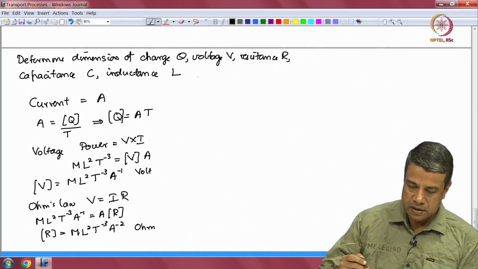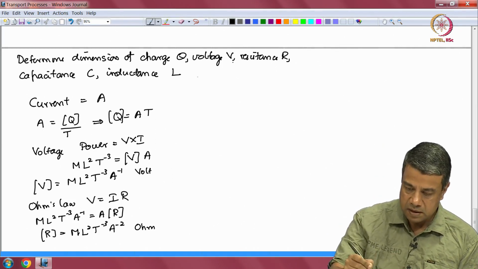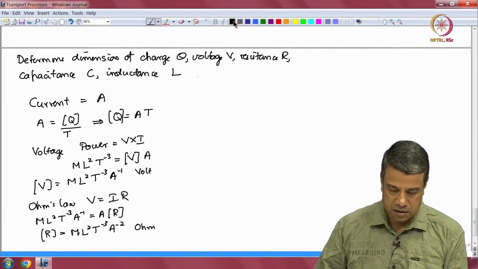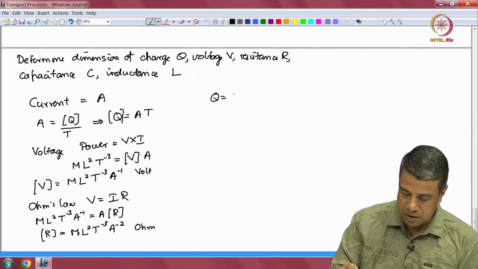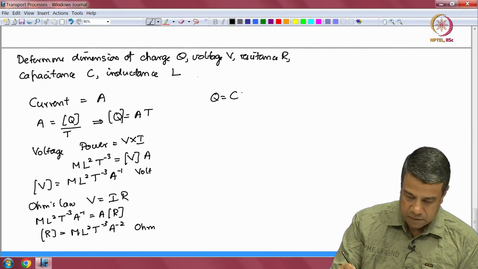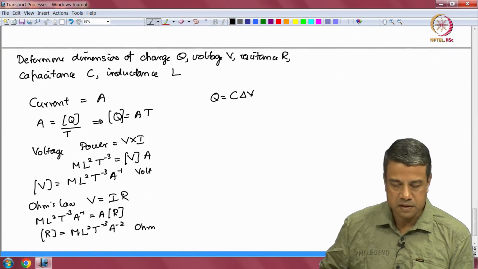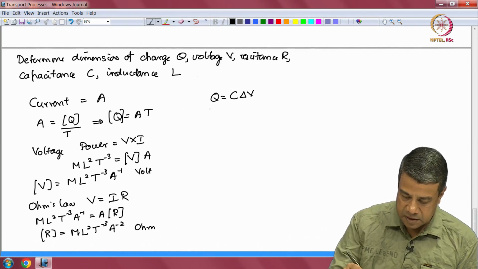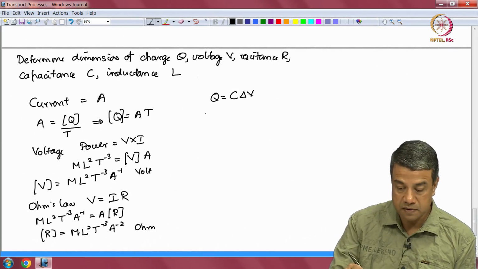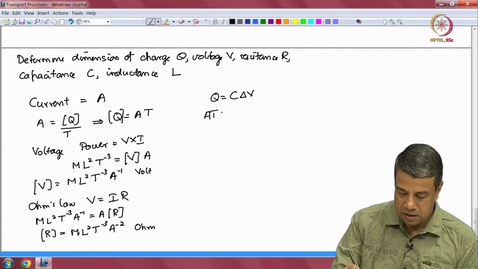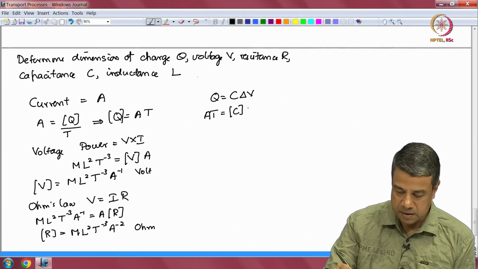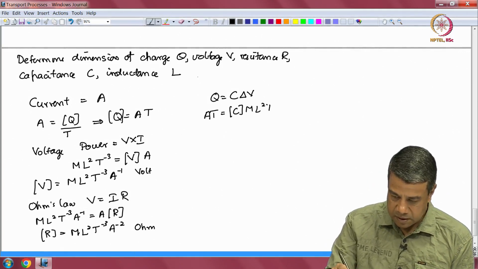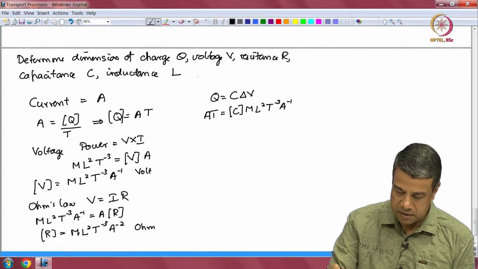So, we had calculated the dimension of charge, voltage, resistance, and capacitance. The charge stored is equal to the capacitance times the applied voltage difference delta V across a capacitor. Which means that the dimension of charge, A times T, is equal to the dimension of capacitance times the dimension of voltage, which is m L square t power minus 3 A inverse.